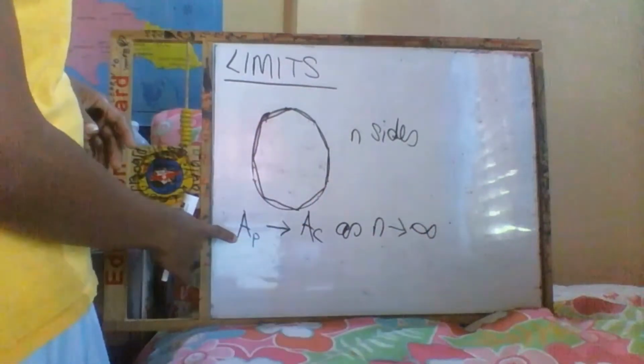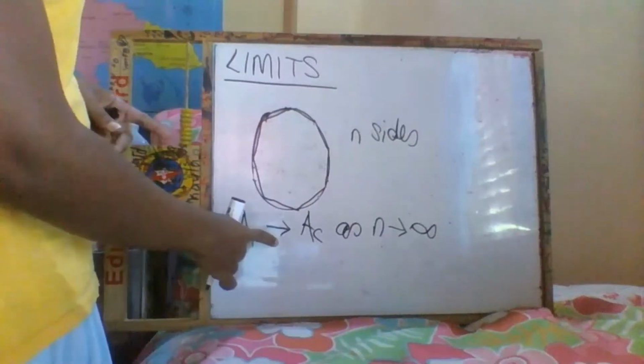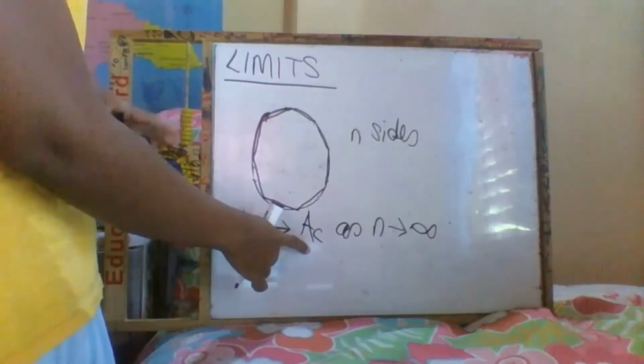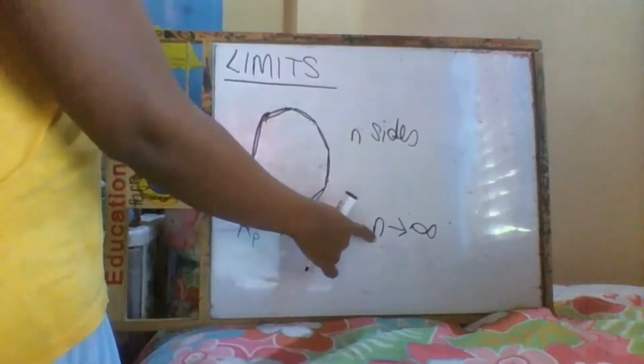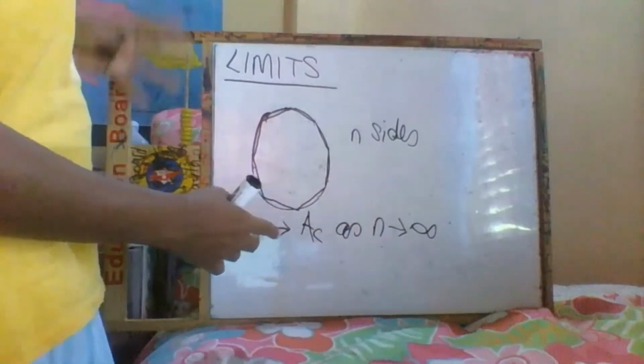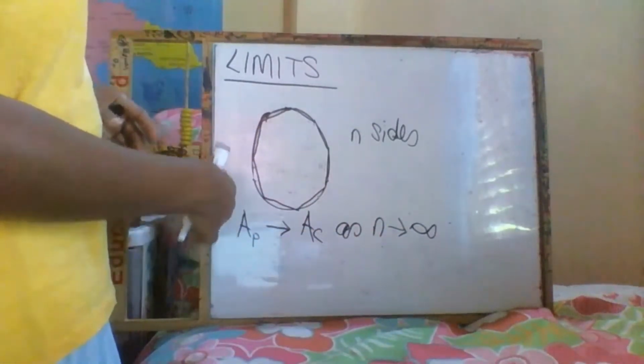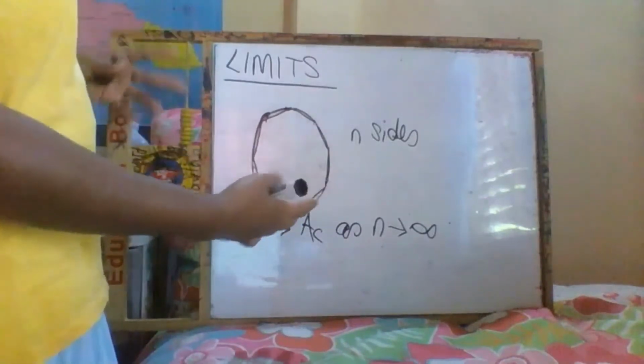So the area of the polygon approaches the area of the circle as n goes towards infinity, or as n gets bigger and bigger and bigger.